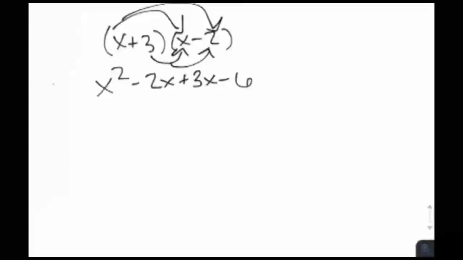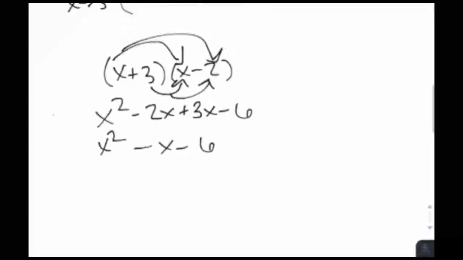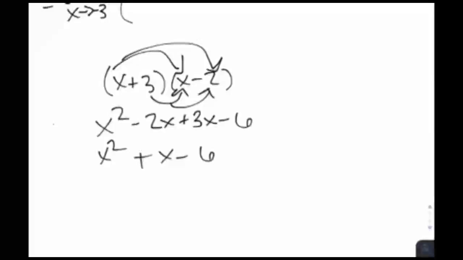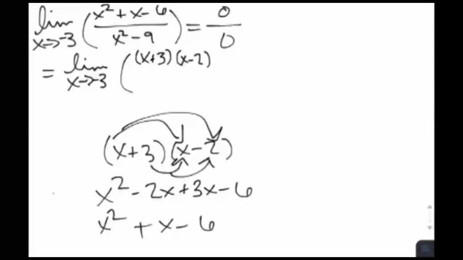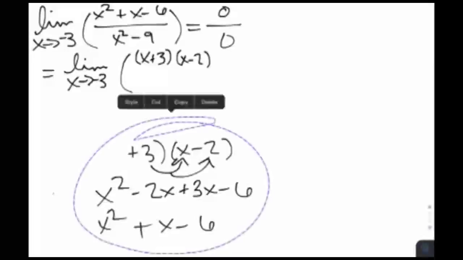Now you just combine like terms. So we have x squared plus x minus 6, so it's the same thing as we got in the original problem.